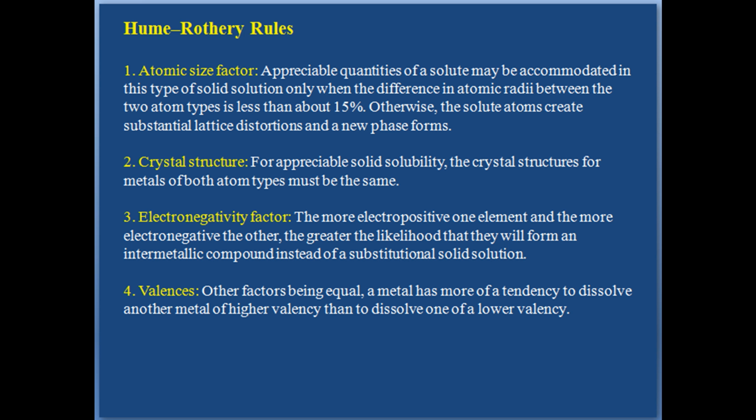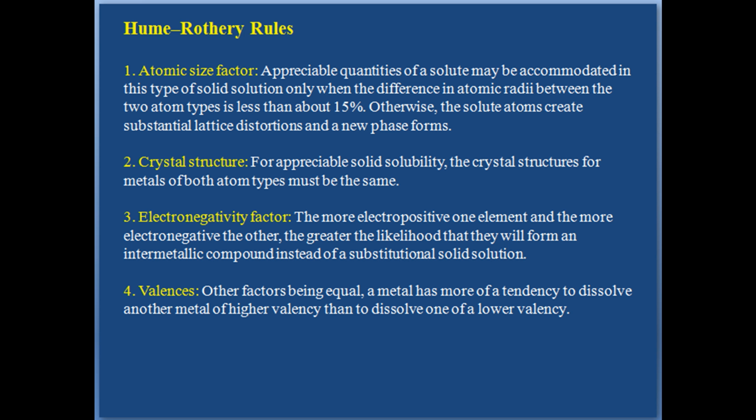Now we are going to discuss the example. An example of substitutional solid solution is found for copper and nickel. These two elements are completely soluble in one another at all proportions. With regard to the aforementioned rules that govern degree of solubility, the atomic radii for copper and nickel are 0.128 and 0.125 nm respectively.